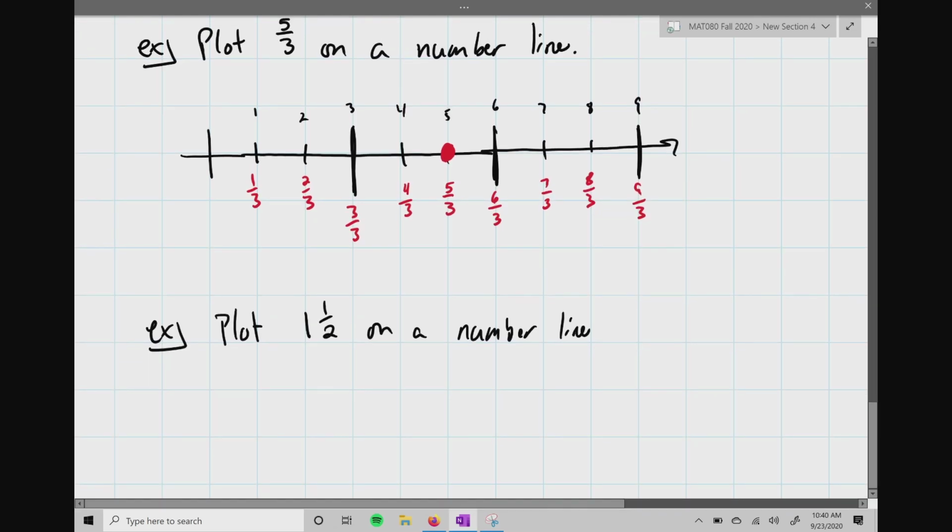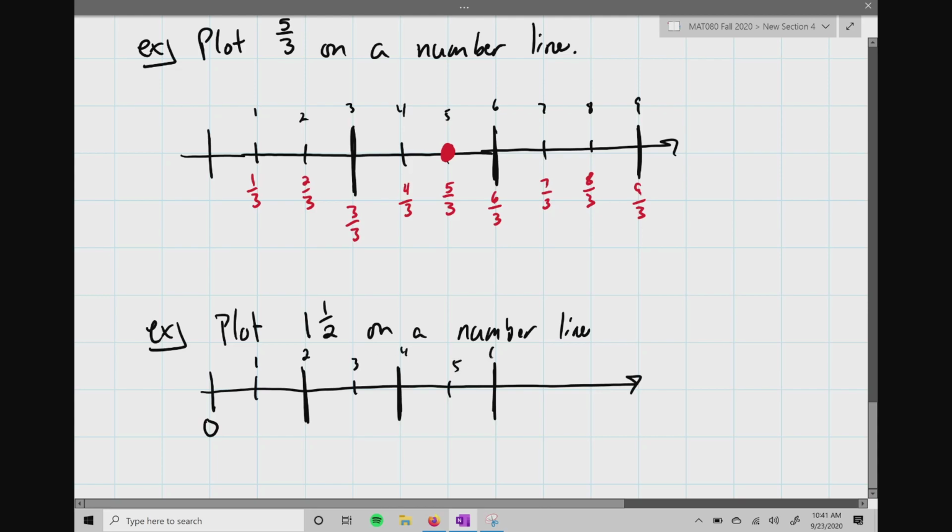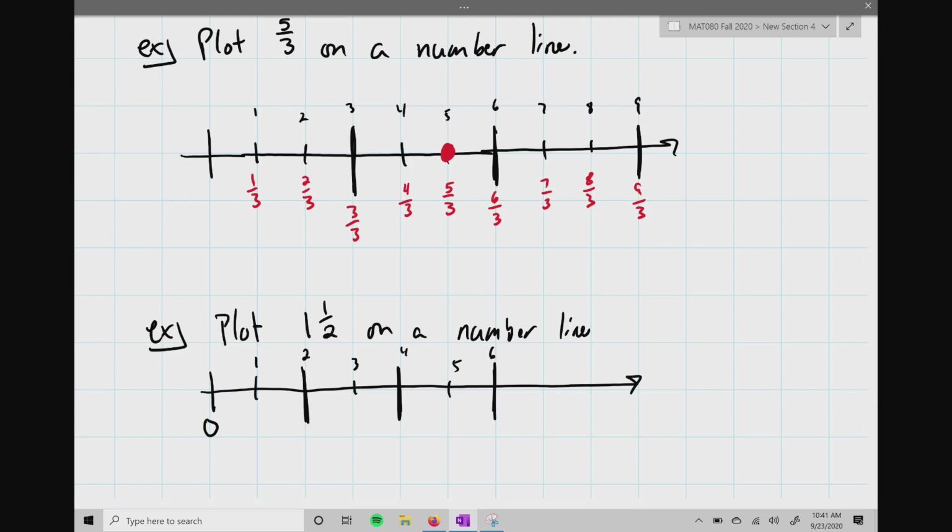So we approach every single problem the same way. Draw a number line. Look at the denominator. It's a 2. So I'm just going to split them up. Okay. I go ahead and label. Well, that's going to be a 0 right there. So that's 1, 2, 3, 4, 5, 6. Okay. Underneath, let's go ahead and write out the fraction equivalent. However, let's write them out as mixed numbers. And this is what I mean.